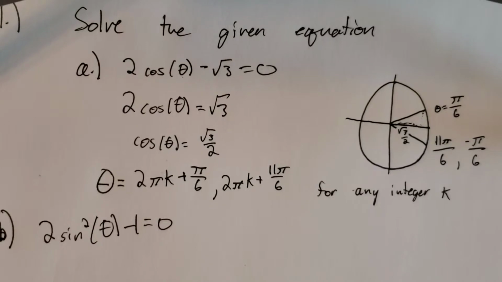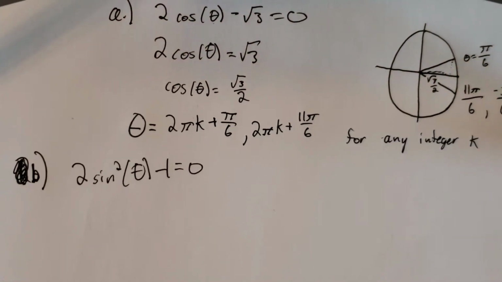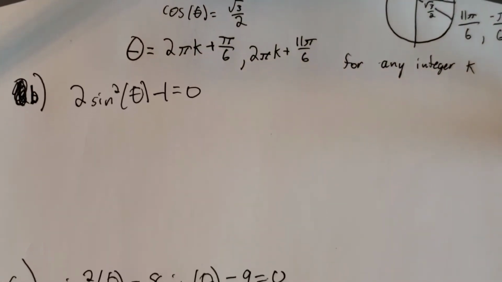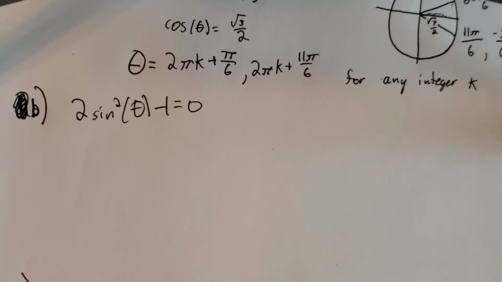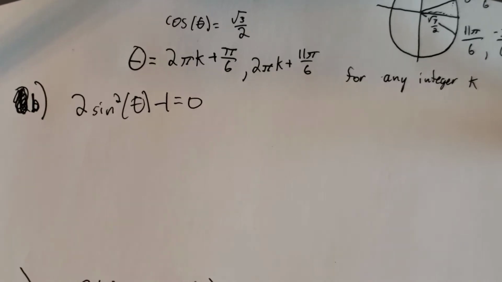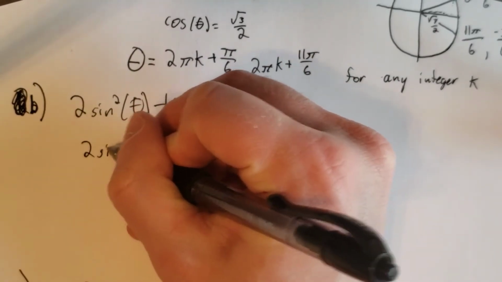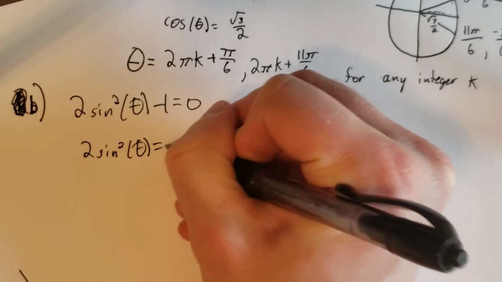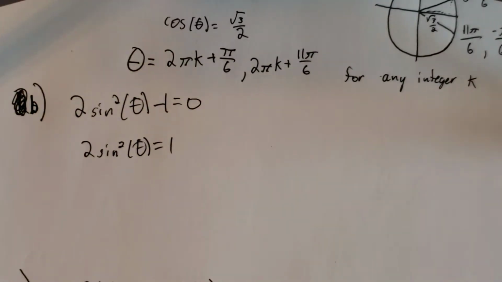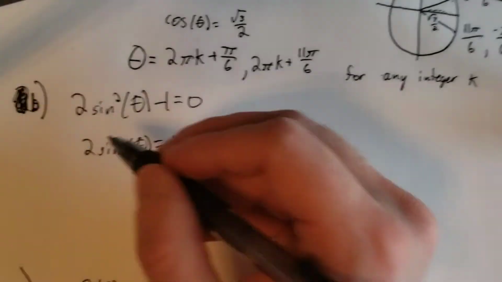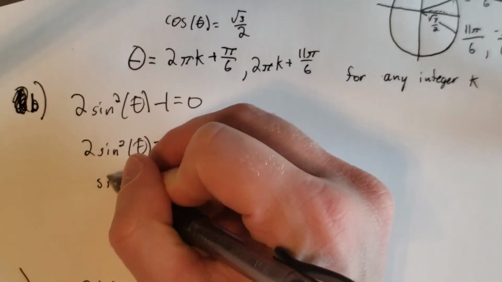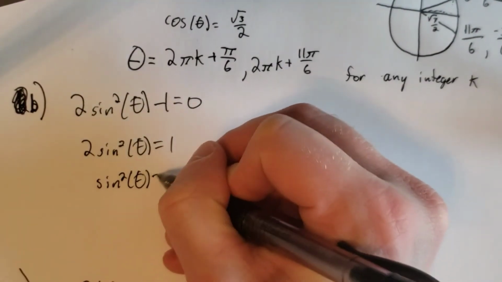We have two more examples here. We will go with 2 sine squared of theta minus 1 is equal to 0 for the next one. So here we see 2 sine squared of theta is equal to 1. Again, we're solving for sine squared, just like we solved for cosine of theta last time. And so sine squared of theta is equal to 1/2.